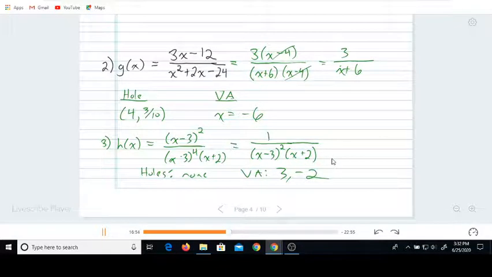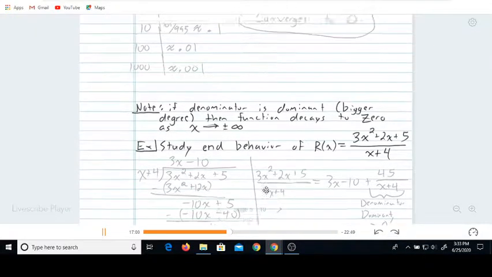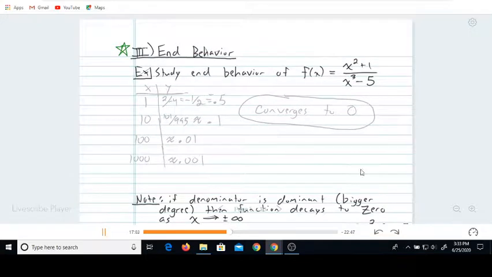Let's go ahead and discuss end behavior. So, end behavior is the left end and the right end. Basically, as x goes to negative infinity and x goes to positive infinity. So, let's just do a little bit of numerical analysis. Let's just punch in some numbers here. Suppose I plug in 1. Well, then we get 2 over -4, in other words, -1/2.